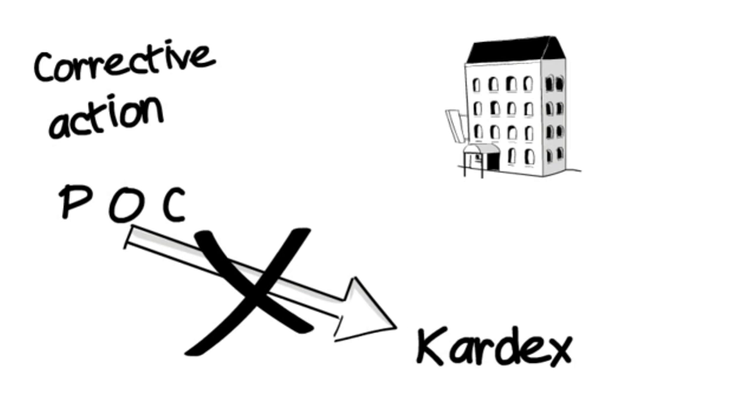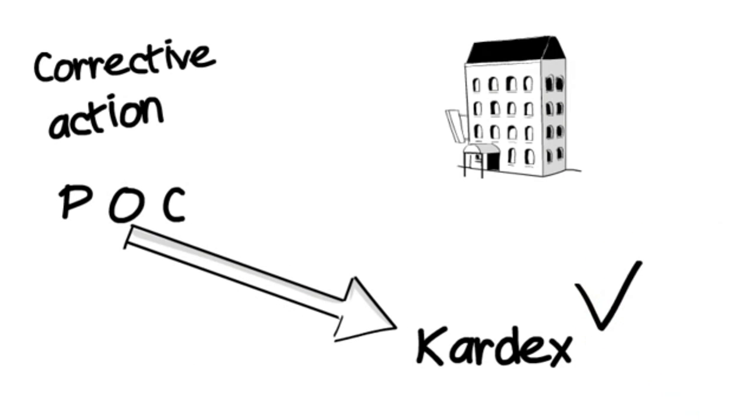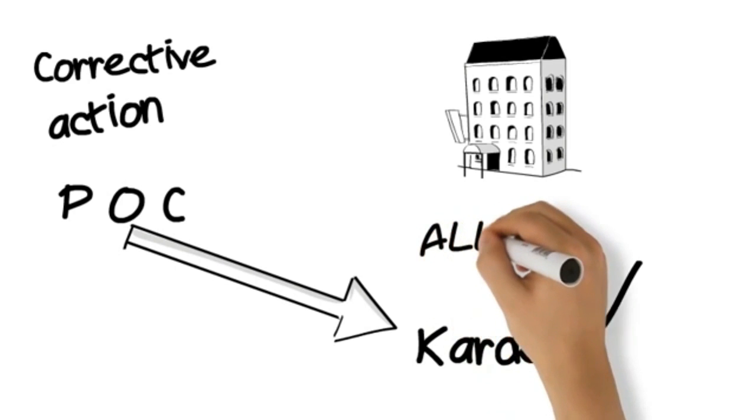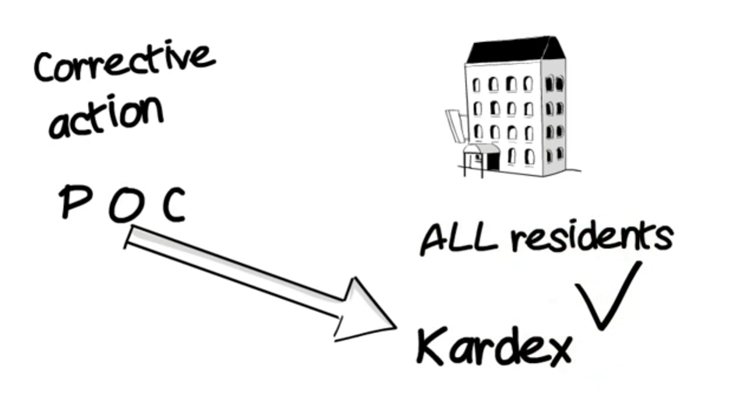The Cardex has now been updated as a corrective action to prevent recurrence of this incident. In addition, a review of the Cardex system was initiated to ensure that it accurately reflects the latest instructions in the plan of care for all residents as they pertain to personal support workers.